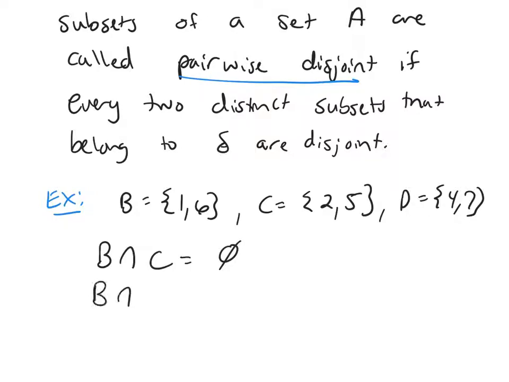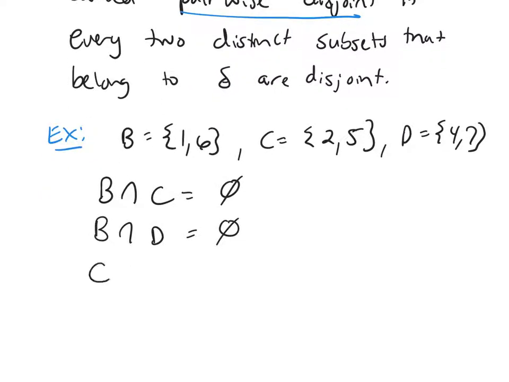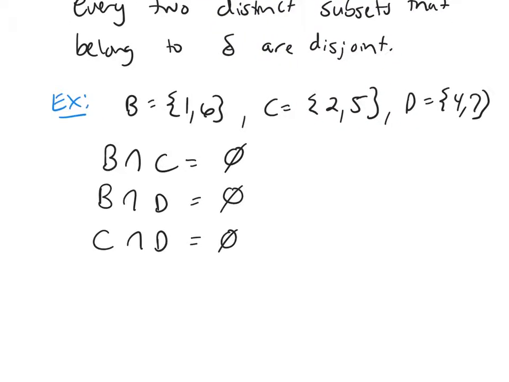If I take B and D, intersect them, they don't have any elements in common, and the same thing for C intersect D. So then I can say that the collection S of the sets B, C, and D is pairwise disjoint.